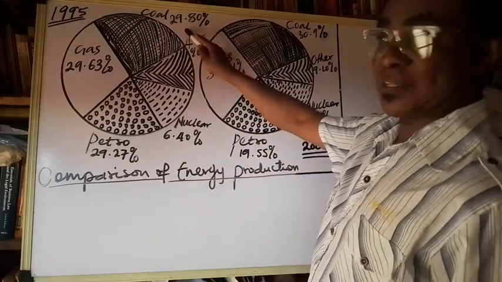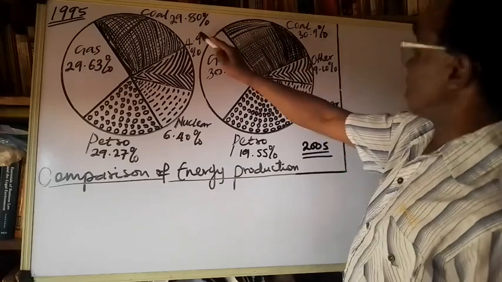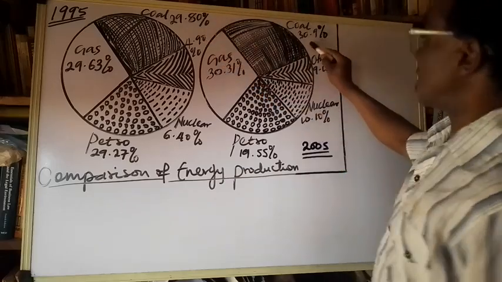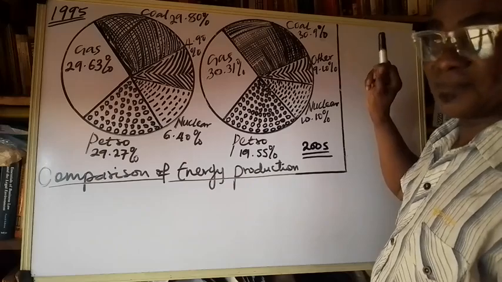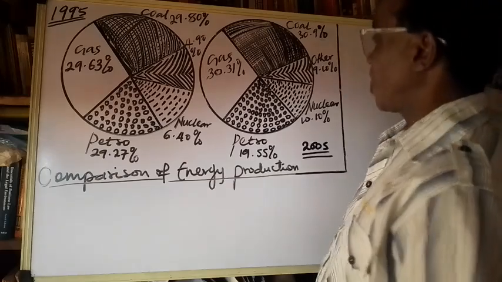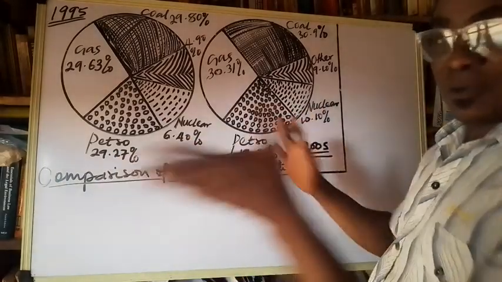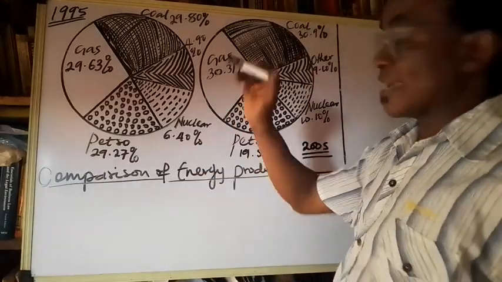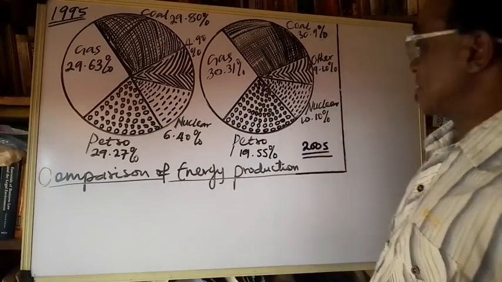And coal production has equally risen from 29.80% to 30.9%. Now, these are the major increases, gas and coal. But let's take a look at the other ones.